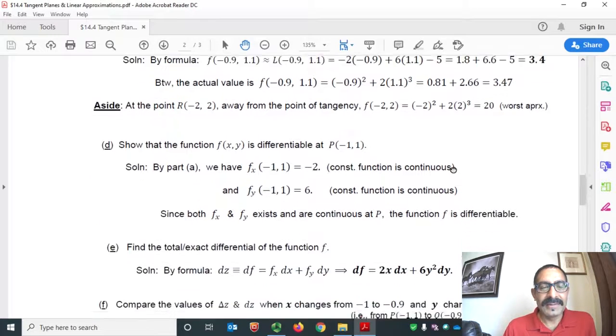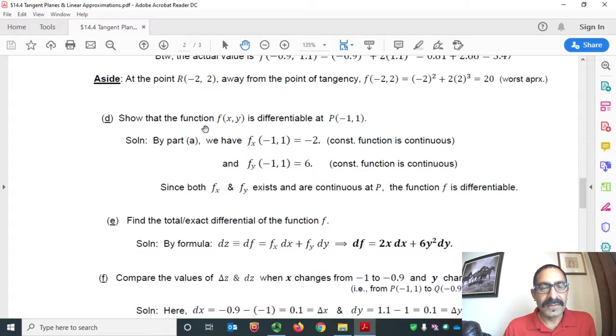Part D. Show that the function is differentiable at point P. To show differentiability, I need to show the partial derivatives of f with respect to x and y exist and are continuous. So begin the solution with part A. We found the partial derivative of f with respect to x at point P is -2, and the partial derivative of f with respect to y at P is 6.